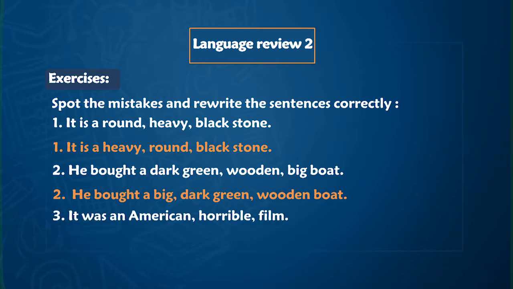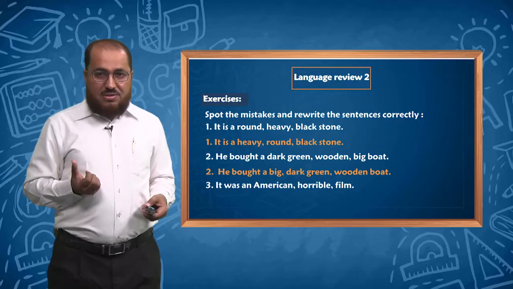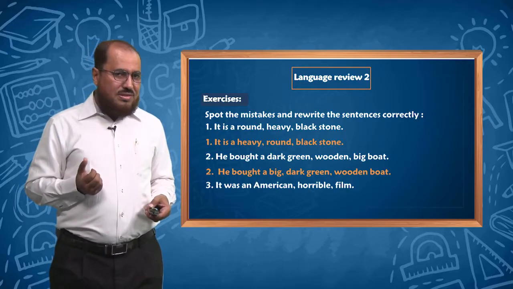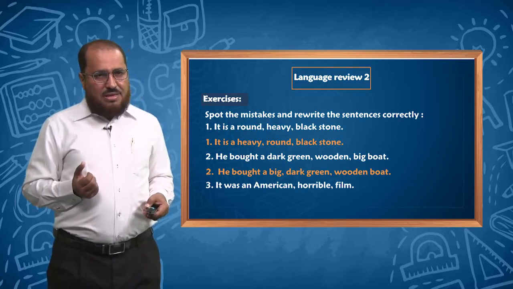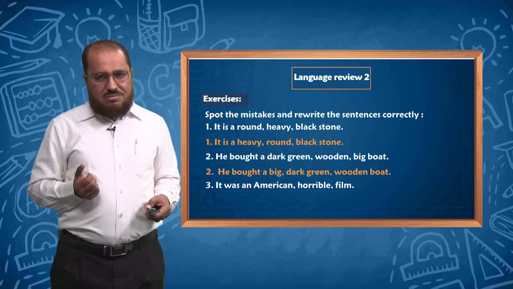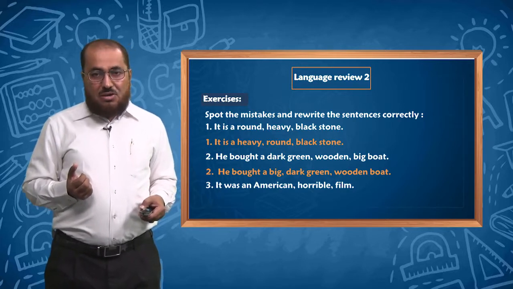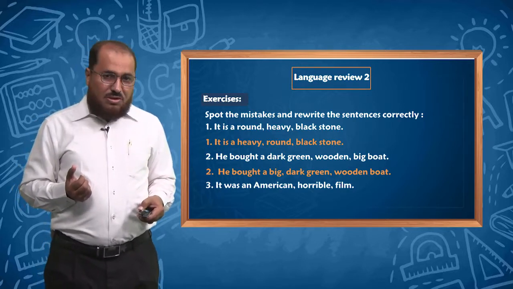Correct. More examples. It was an American horrible film. Correct it. Rewrite it again correctly. American is nationality. Horrible is opinion.